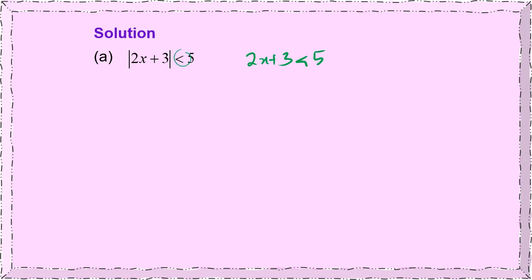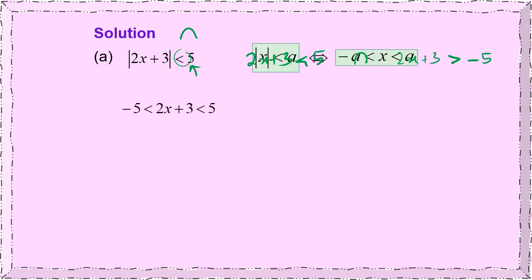Because it's less than, it should intersect with 2x plus 3 in the opposite direction, so it will be more than, with opposite sign, negative 5. This is the first step that I will do every time I want to answer an absolute inequalities question.